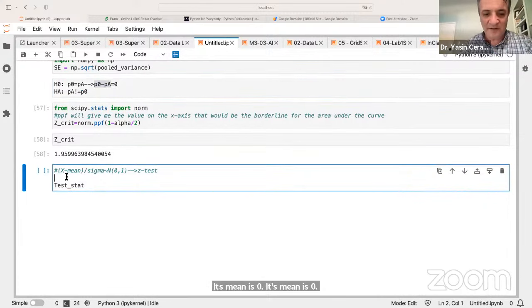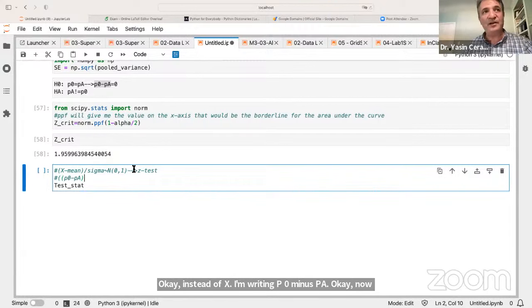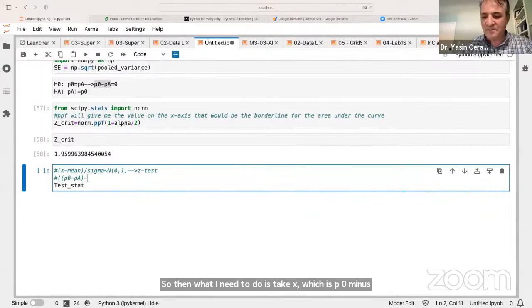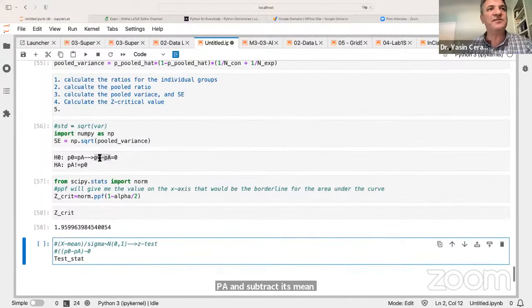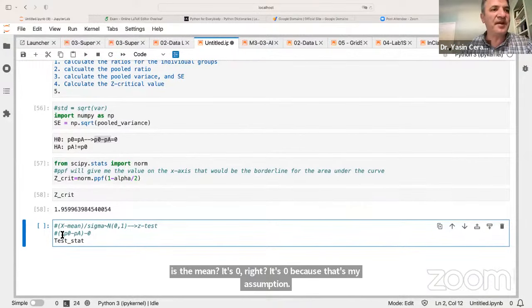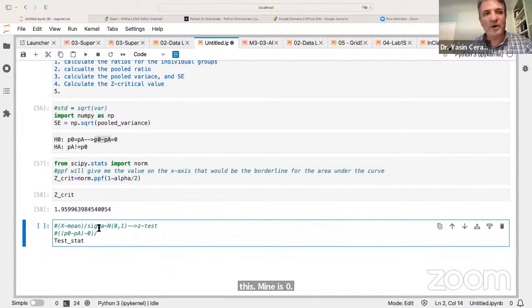So I'm going to write another thing here. Instead of X, this time I'm going to write P0 minus PA. Now I'm going to standardize this distribution, turn it into a normal distribution with mean 0 and standard deviation 1. So what I need to do is take X, which is P0 minus PA, and subtract its mean. What is the mean? It's 0, because that's my assumption. P0 minus PA is centered at 0. So I subtract 0, and divide by sigma.